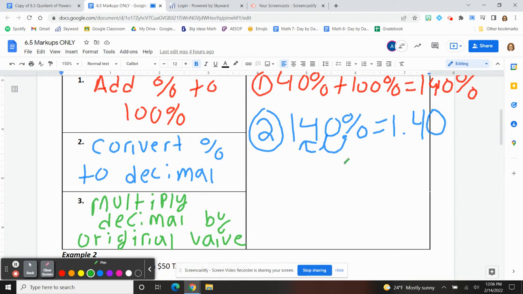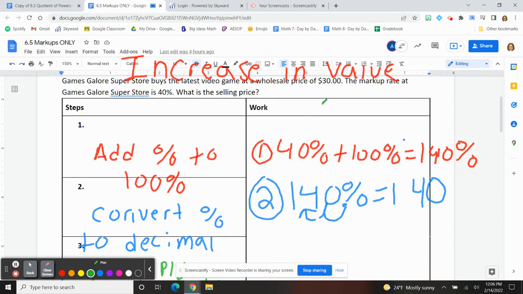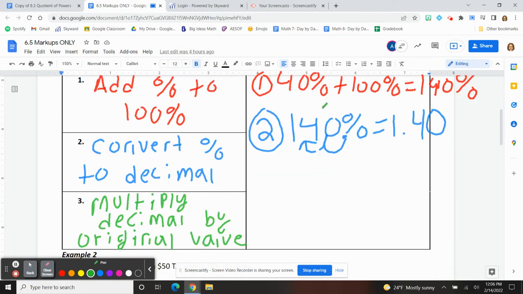And so if you don't remember, our original value from example one is $30. So for step three in our work, all we have to do is 1.4, our decimal, or 1.40, either or, multiplied by $30.